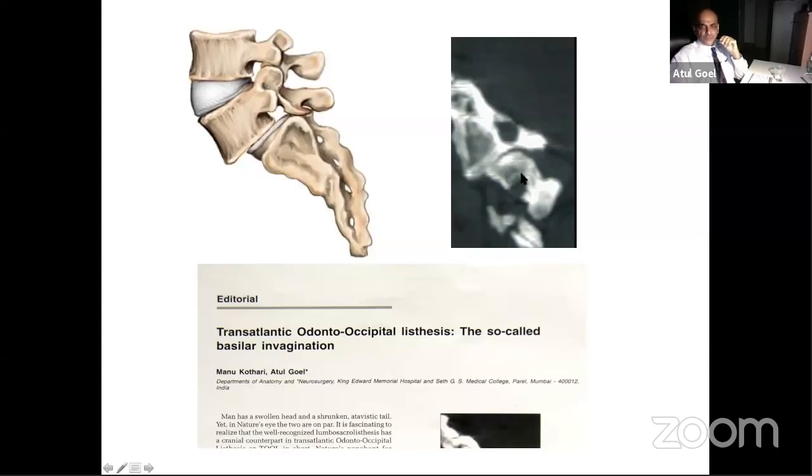Muscles become weak, and there is listhesis of C1 over C2 and it results in basilar invagination, like lumbosacral listhesis. So we had introduced this beautiful concept that basilar invagination is nothing but C1 over C2 listhesis. Listhesis is due to weakness, and the treatment of weakness is stabilization.